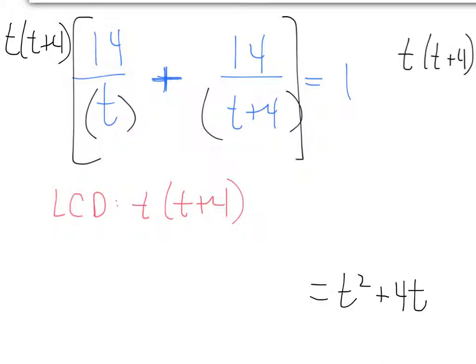You have to distribute the t to t plus 4 and then multiply it. Good. So when I distribute it to the first term right here, what happens as a result? What do I get? 14t. Close. What's in the denominator and the numerator there? That cancels in the first term. T and t. So what's left behind? It's just 14, but what else?